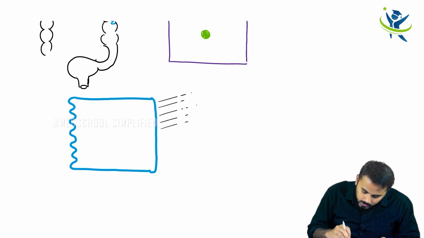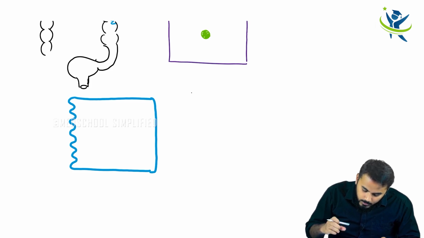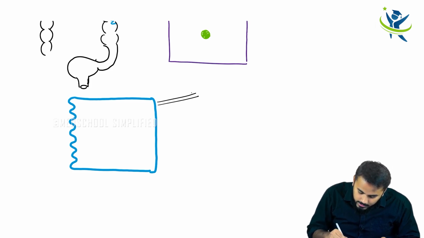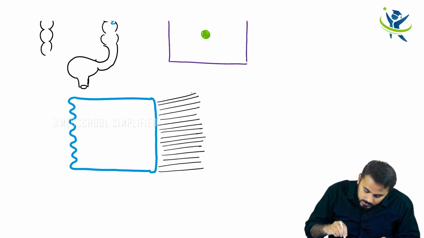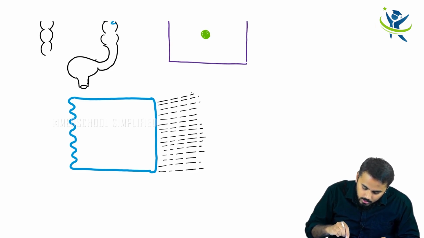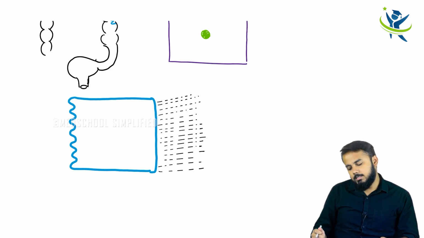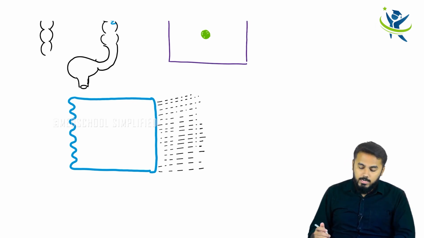Let me draw dotted lines so that it would be clear for you. All these layers which you can see here, all the lines I am drawing right now, this is called the submucosa layer.